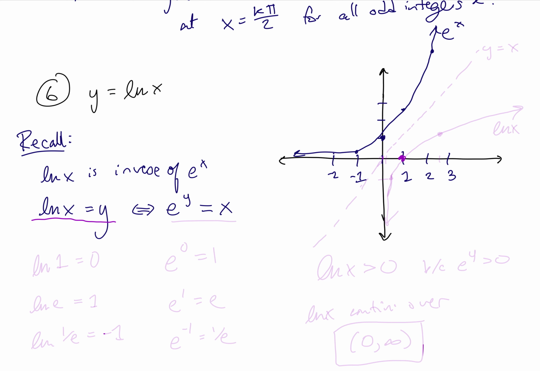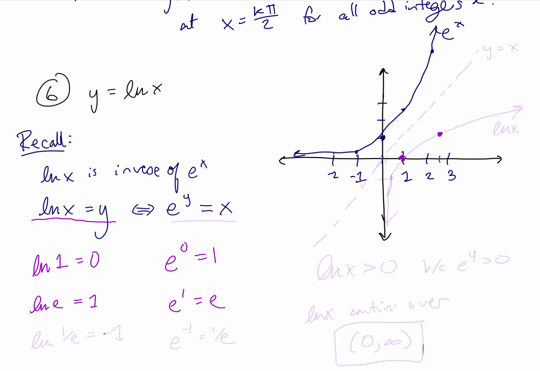So e to the 0 equals 1 means natural log of 1 is equal to 0. Similarly, e to the 1 equals e means natural log of e is equal to 1. So if we go to 2.718, our output will be positive 1.